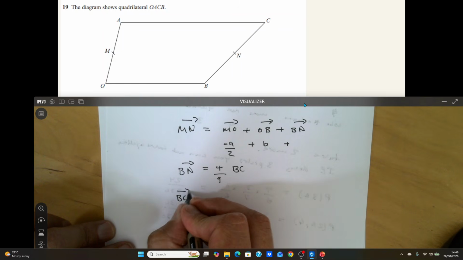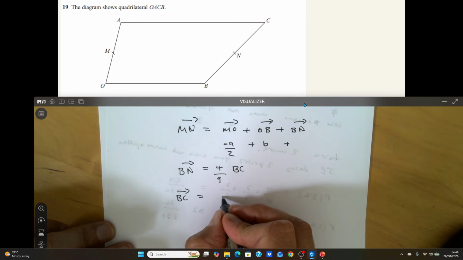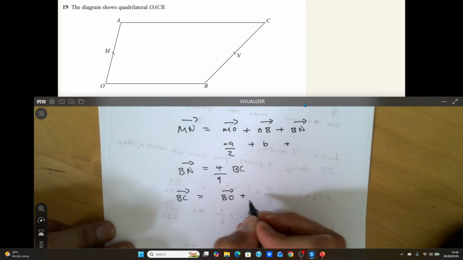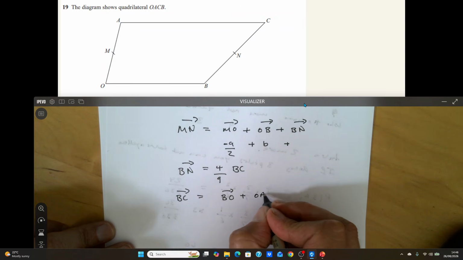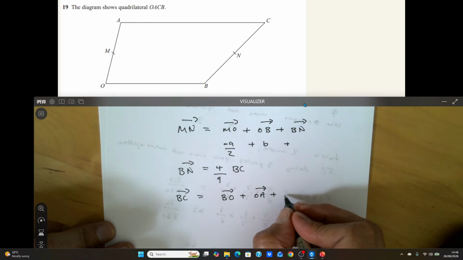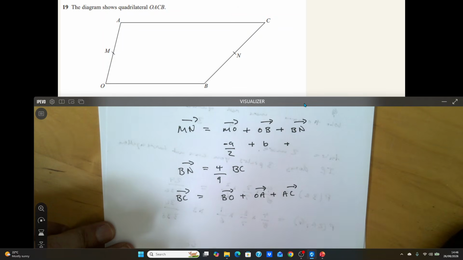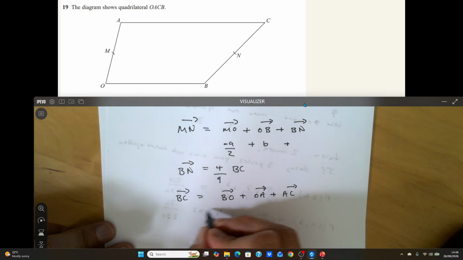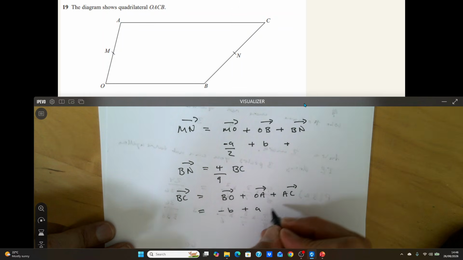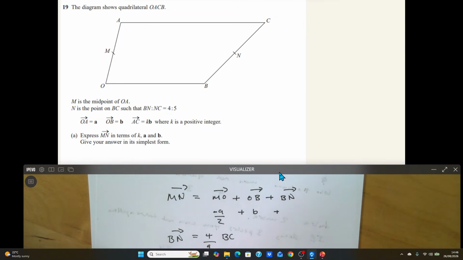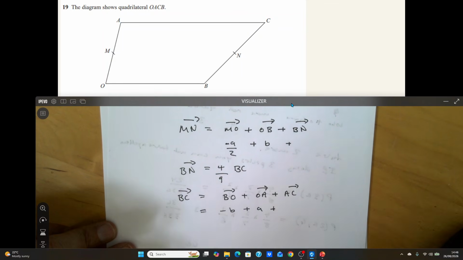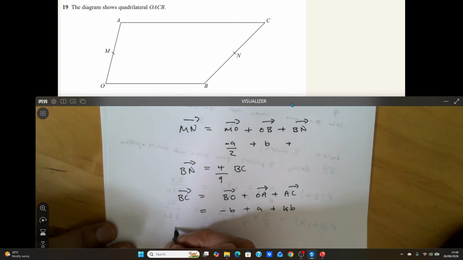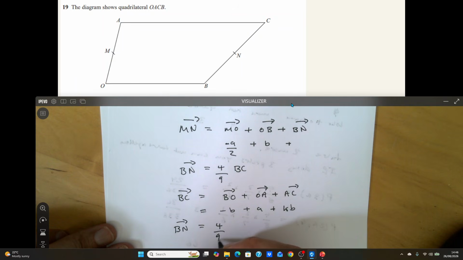BC equals BO plus OA plus AC, which is minus b plus a. And AC is given in the question as kb. That means B to N is 4/9 of that.